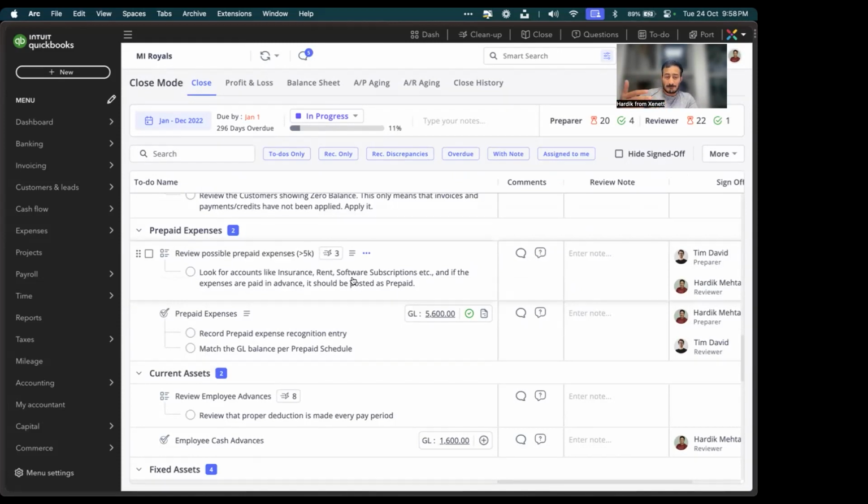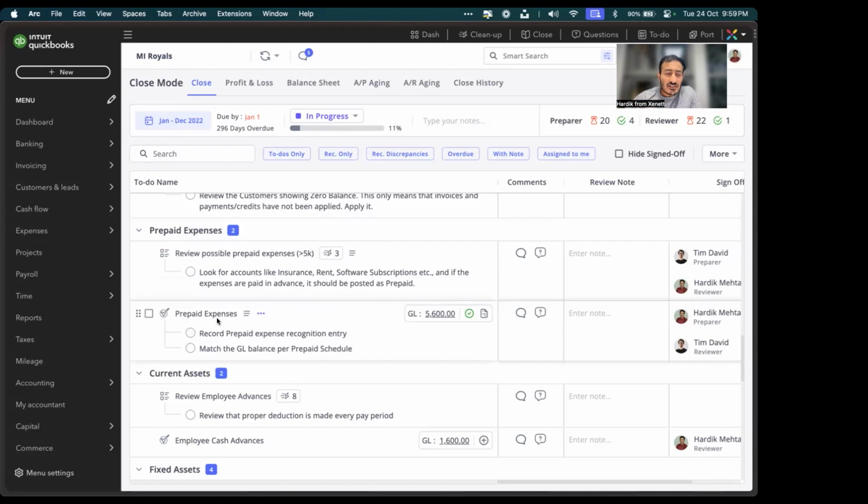Now, assuming there are no such prepaid expenses, we also maintain a prepaid schedule every month, and that schedule helps us know what expense to be recognized and what the outstanding balance should be. We update that schedule every month, and we reconcile the amount per books with the schedule.